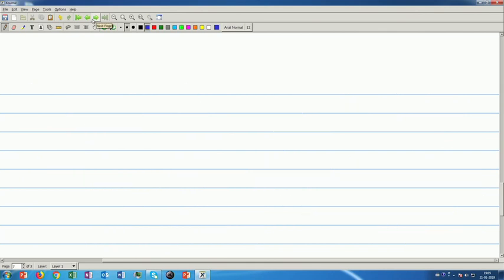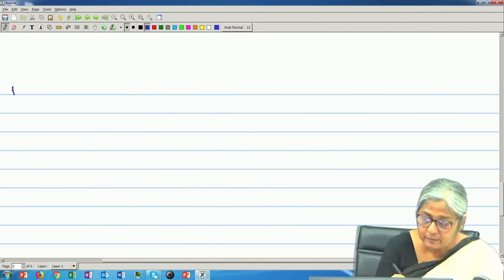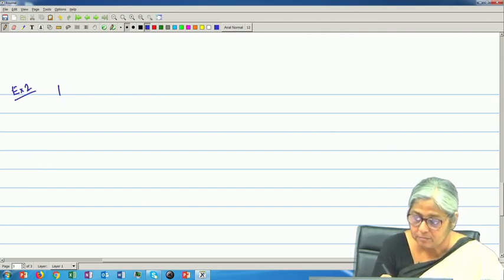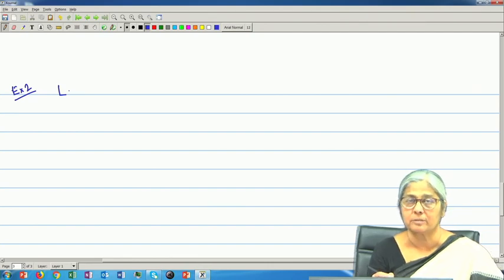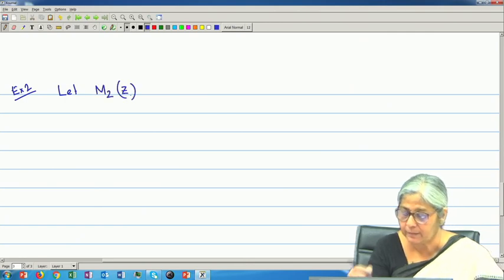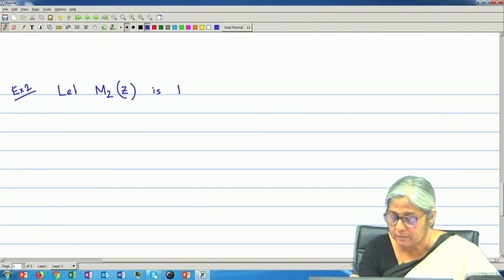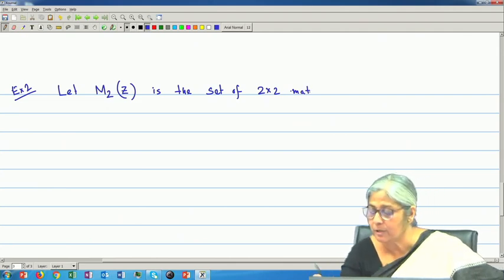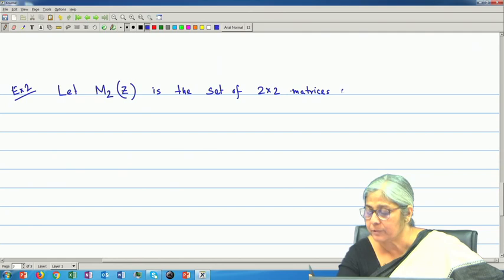Now, we consider another example of a different type. We consider a set of 2 by 2 matrices. So, let M2(Z) be the set of 2 by 2 integer matrices, that means matrices with integer elements.